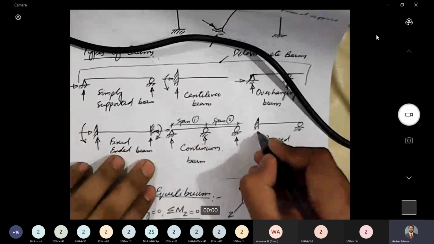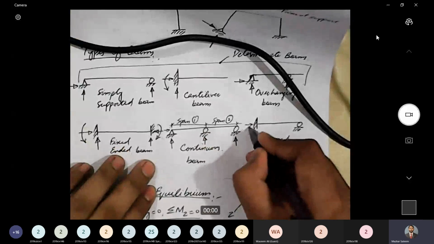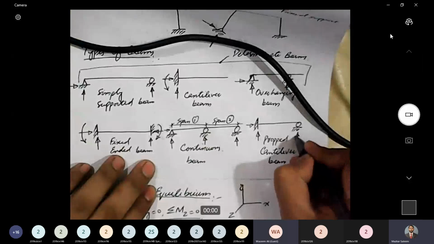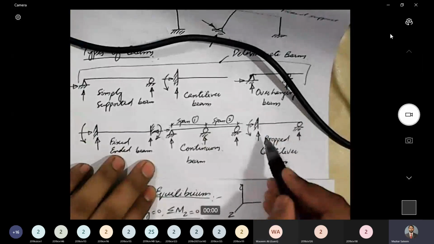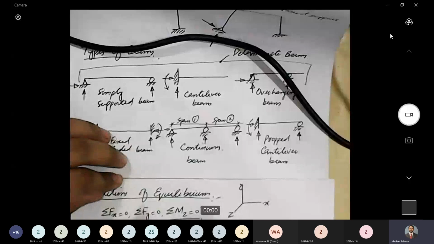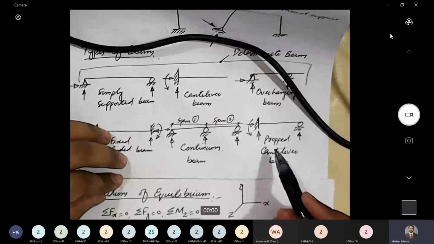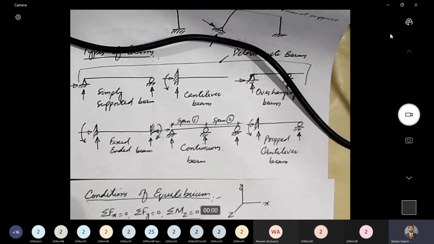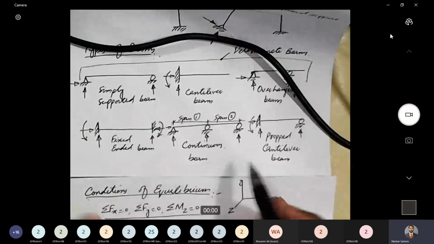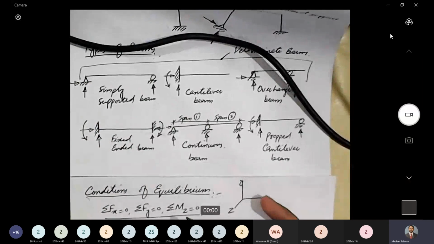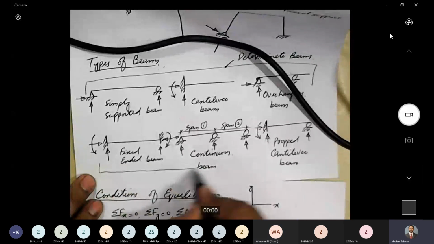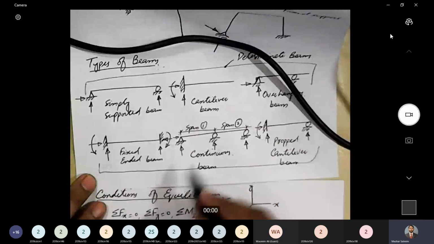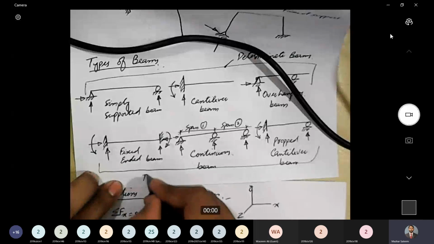Let's count the reactions. 1, 2, 3, and 4. 4 reactions and 3 equations. Can we analyze this? No, we cannot. And when we say we cannot analyze, we mean we cannot analyze just by using equations of equilibrium. It means that these 3 beams are indeterminate beams.